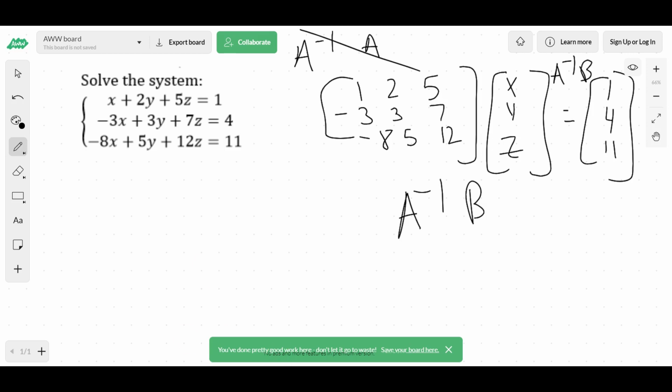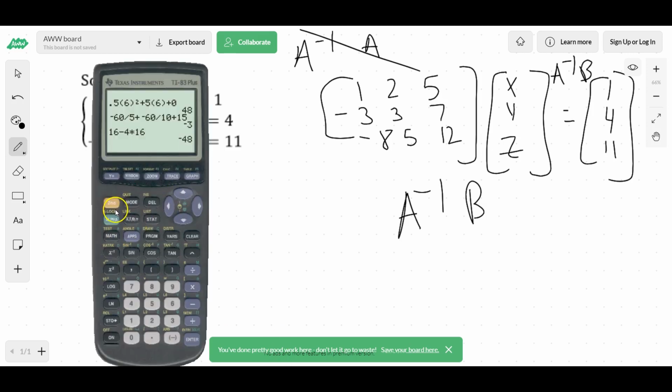So let's get that all in the calculator. We're going to go to second matrix, and we're going to go to edit, and we're going to put in a 3 by 3 for A, which is 1, 2, 5, negative 3, 3, 7, negative 8, 5, and 12.